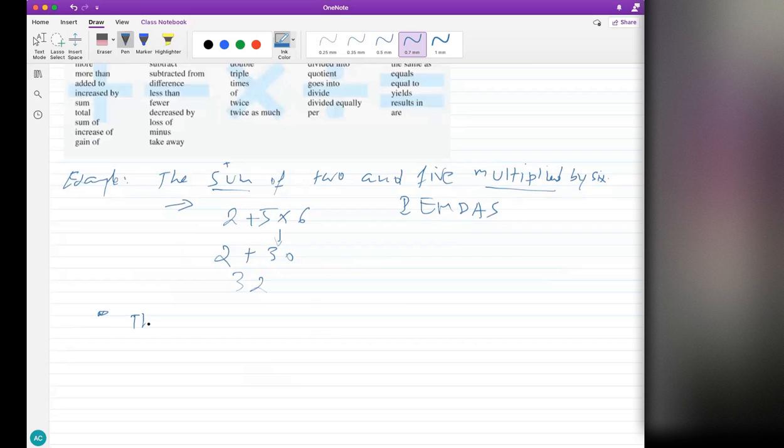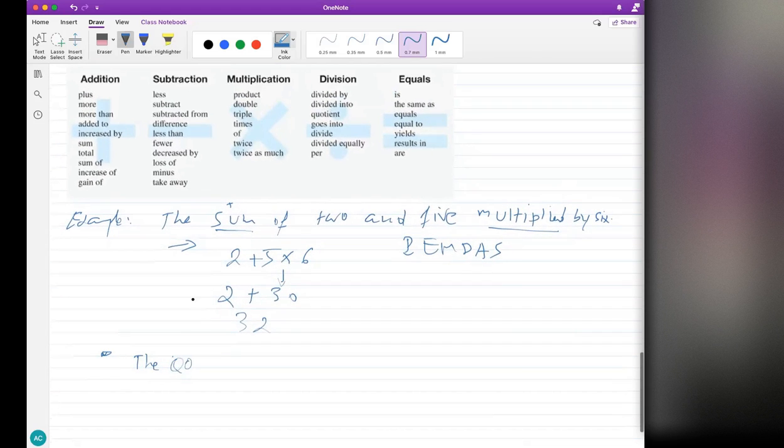Say the quotient of 21 and 7 multiplied by 3.